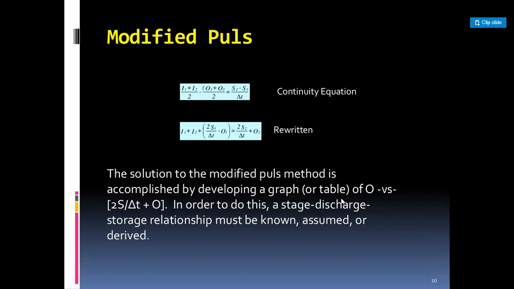Rearranged: I1 plus I2 plus (2S1 by delta T minus O1) is equal to (2S2 by delta T plus O2). The solution to the modified pulse method is accomplished by developing a graph or table of O versus 2S by delta T plus O. In order to do this, a stage discharge storage relationship must be known, assumed, or derived.